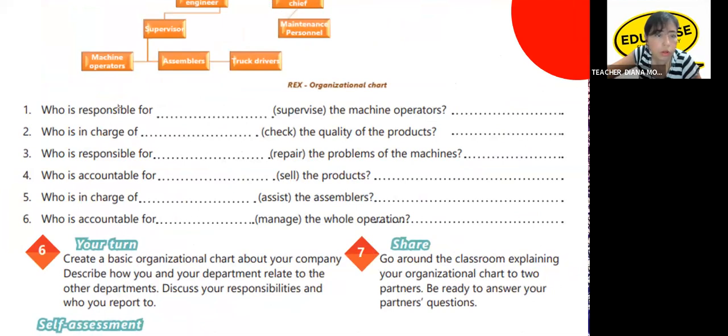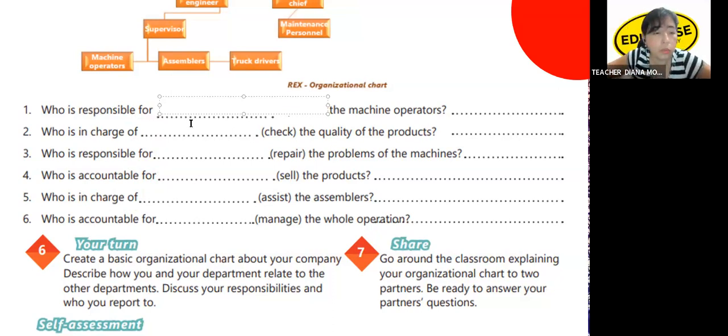All of them are prepositions. So easy, a piece of cake. Let's do first part number 1, and then we're gonna answer the second part.